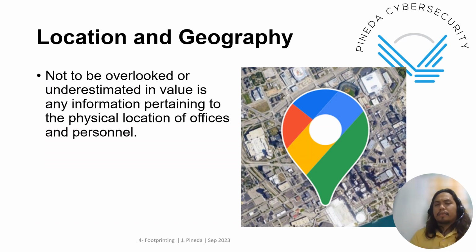Another is location and geography. There are a lot of tools that you can use now, right? But Google Maps and Google Earth are some of the top tools that we use for location and geography.